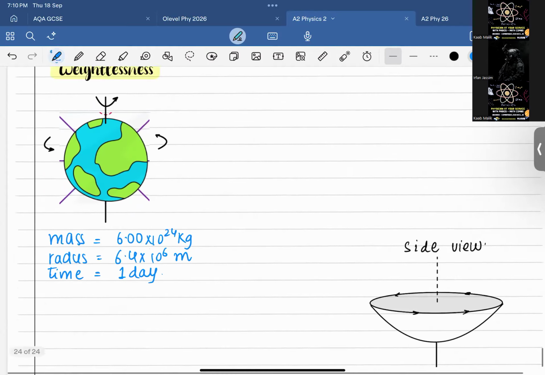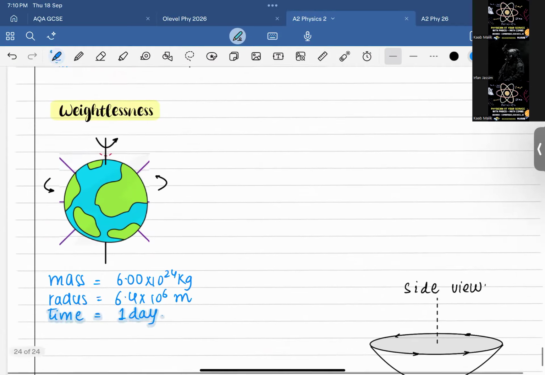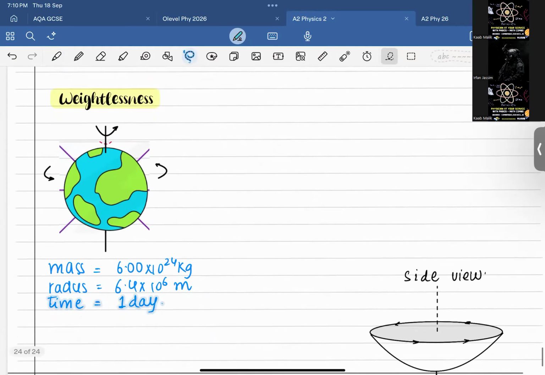So these are the three things. We are considering the spinning motion of the earth.